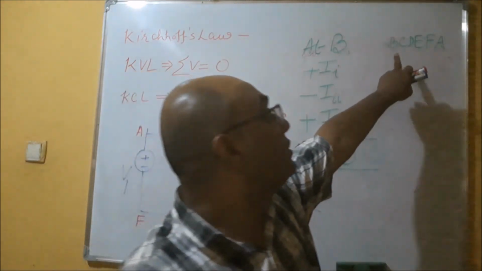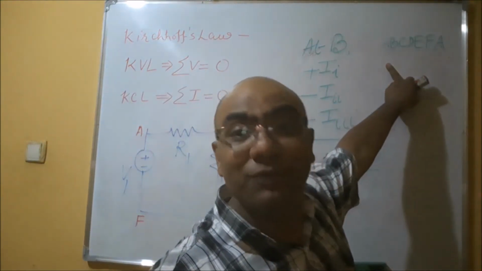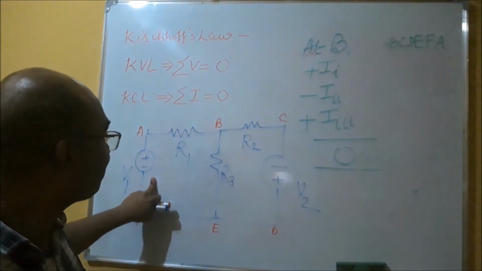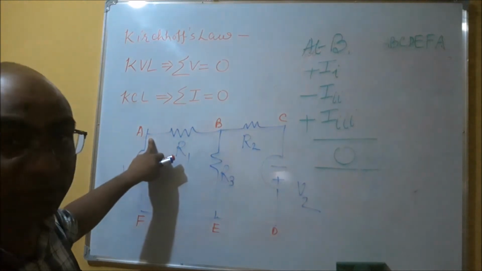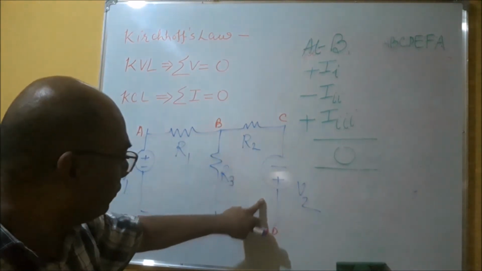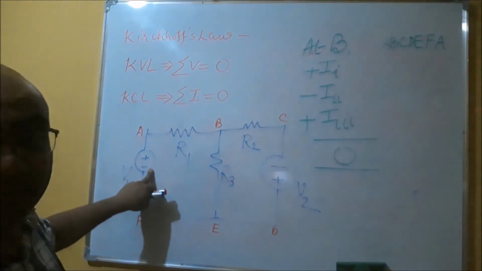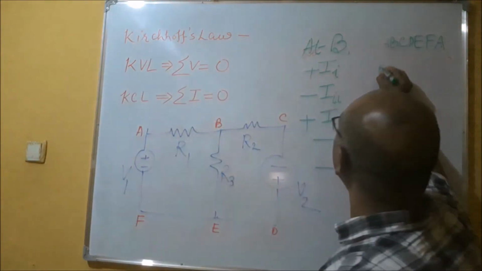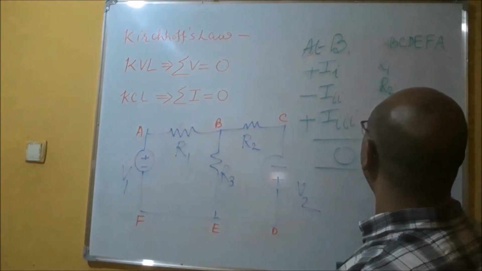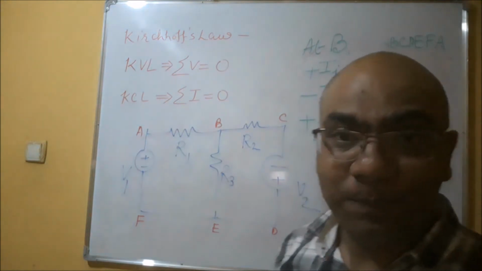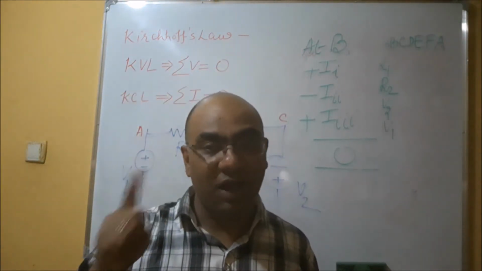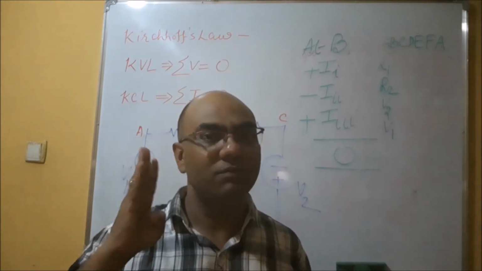So when we are talking about this closed path loop, we are starting from this point. The components are R1, R2, B2 and finally B1. So in this closed path we have four components: R1, R2, B1, B2.